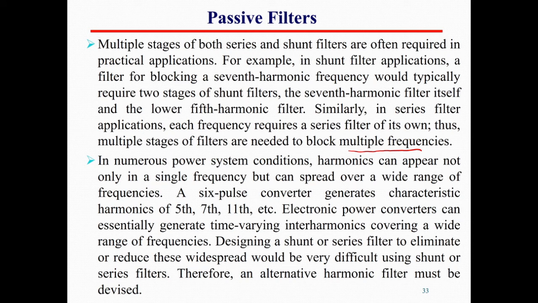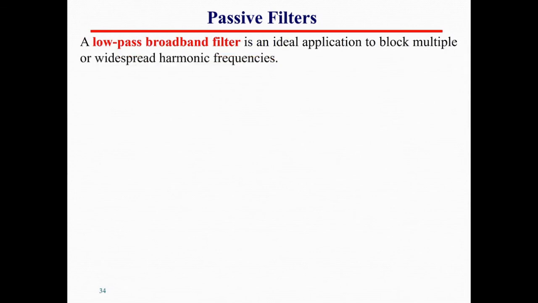Electronic power converters can generate time varying interharmonics, covering a wide range of frequency. Designing a shunt or series filter to eliminate or reduce these would be very difficult. Therefore, an alternative harmonic filter must be devised in this case.